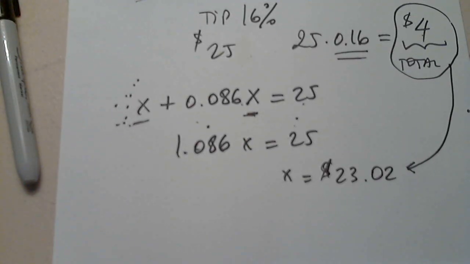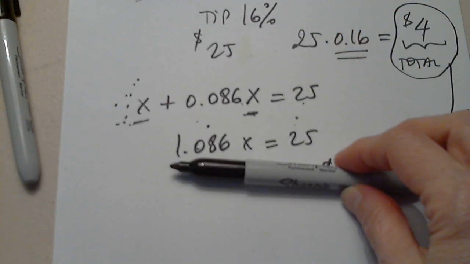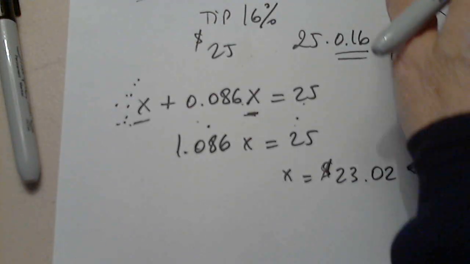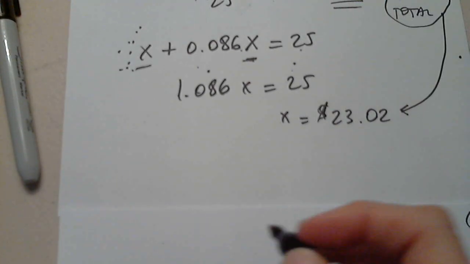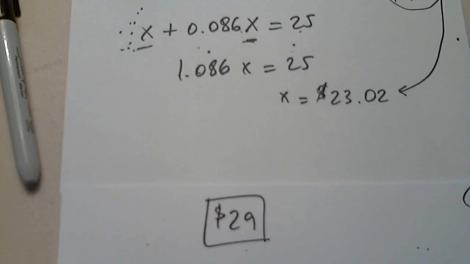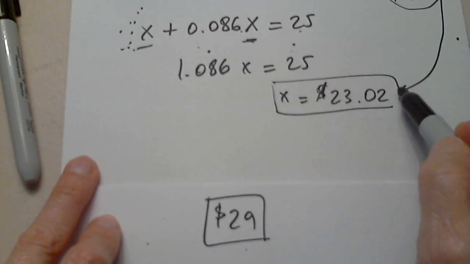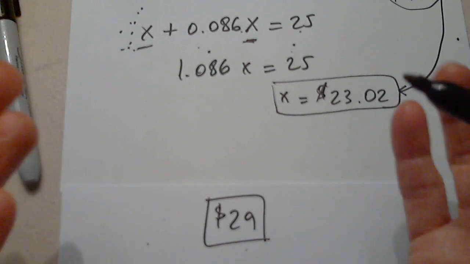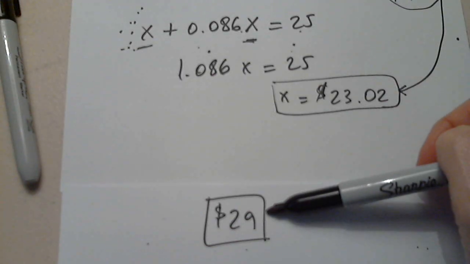So I'm just trying to understand what they're asking, and I'm trying to go through step by step. They're telling us that she's paying $4 extra. So basically, she's paying $29. Now, this is the cost of one sandwich, the whole thing, because we're only talking about one here. So she's adding $4 to this bill to end up paying $29.